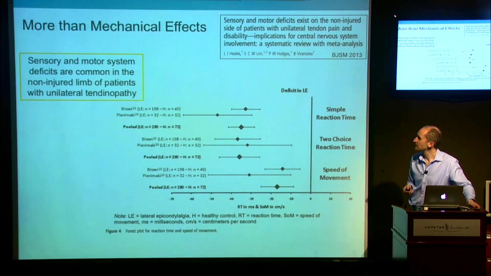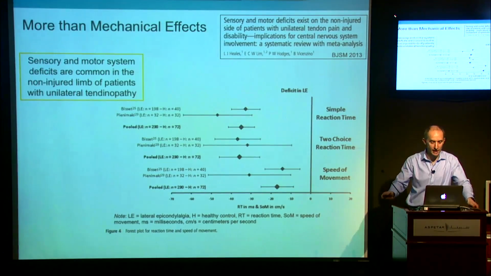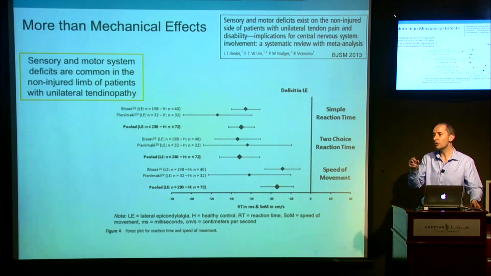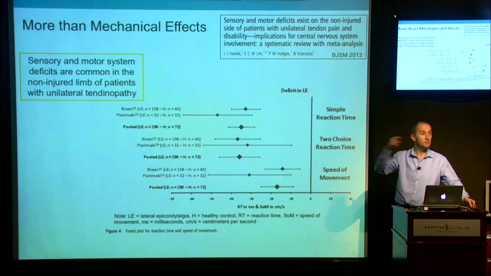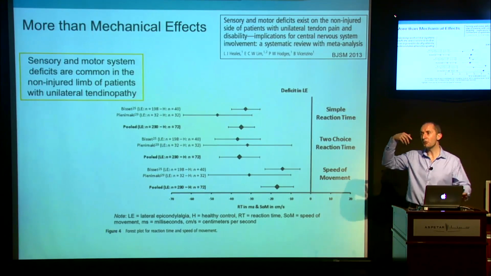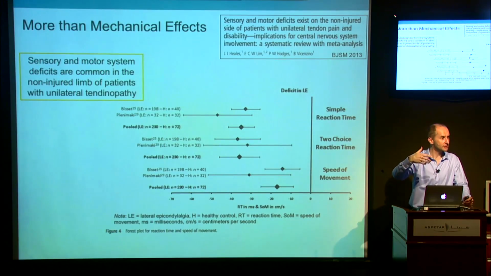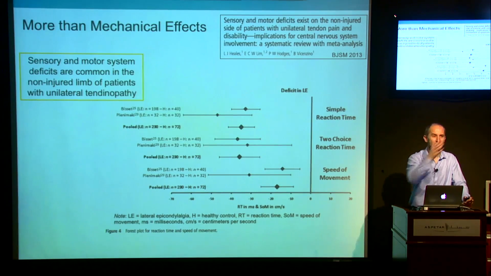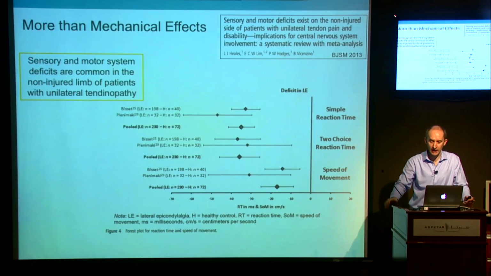Those deficits are obvious in people with a unilateral tendinopathy. So if we're trying to optimize our loading, it has to change the tissue characteristics, but it also has to do something about those neurological effects of the injury. So we've got to load the nervous system and the sensory system, as well as loading just purely the mechanical system.